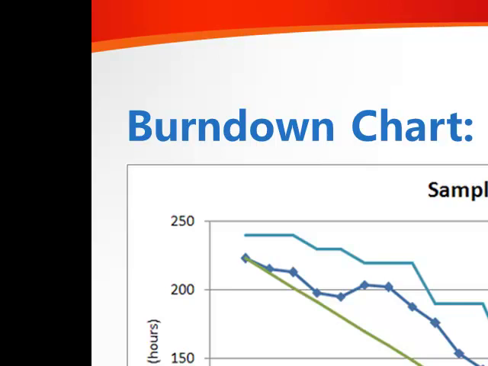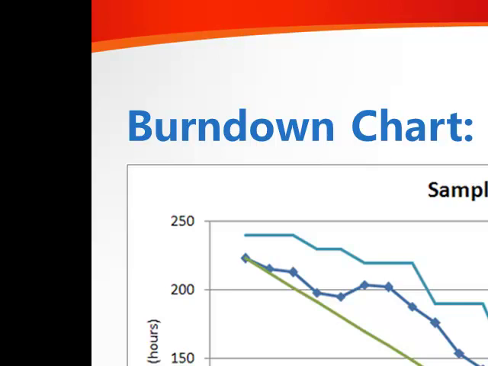Now, I'm going to cover a scenario. Of course, it's going to be ideal. As the sprint progresses, we will work on our tasks, and as our tasks are completed or worked on and the time remaining is diminishing, then the chart will show this by going in a downward slope to the right.